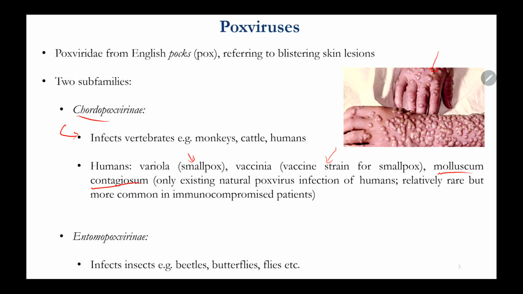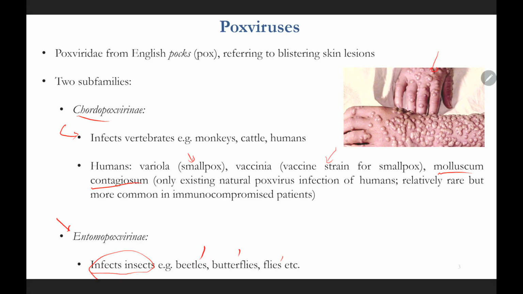This is the only natural pox virus infection in humans, and it's relatively rare. But this is more common in immunocompromised patients, okay? And then the next one is the Entomopoxvirinae, and this basically infects insects, so things like beetles, butterflies, and flies, okay?